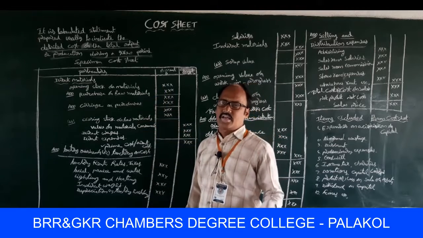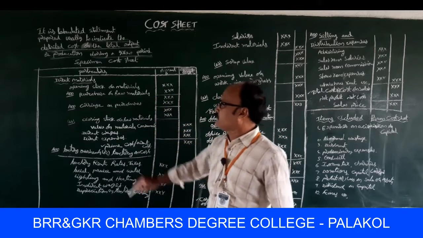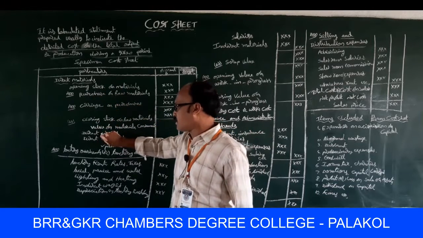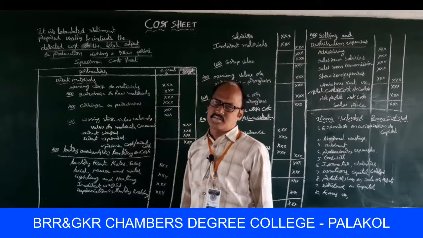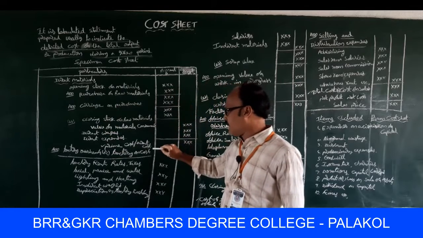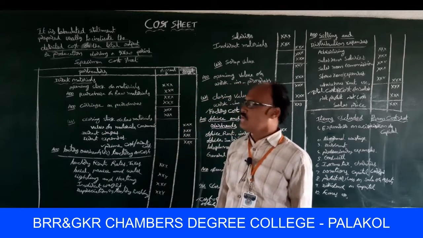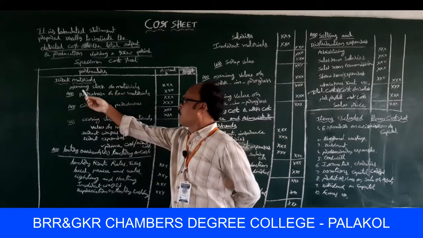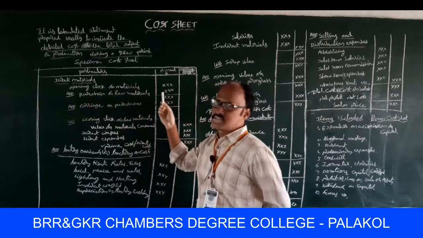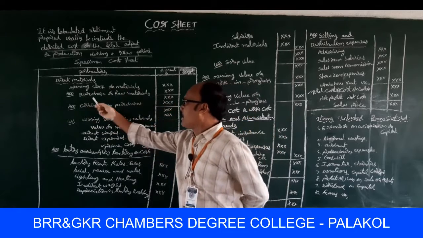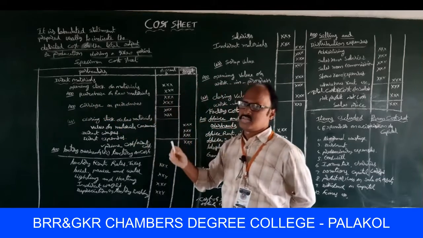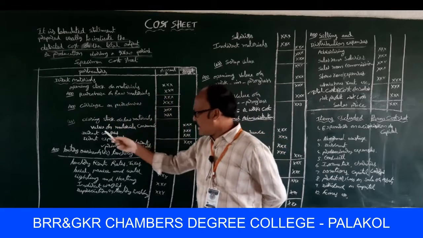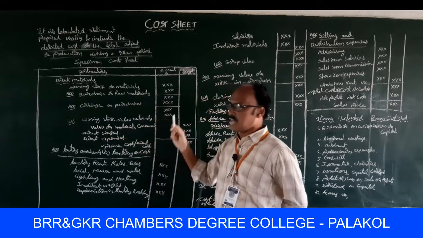Here the direct materials, direct wages and direct expenses should be recorded under the head of prime cost. So direct materials: first, opening stock of materials, add purchase of raw materials, add carriage on purchases, less closing stock of raw materials.